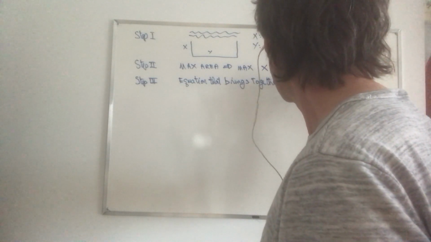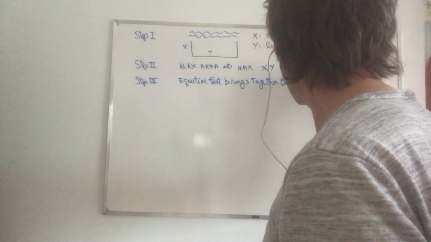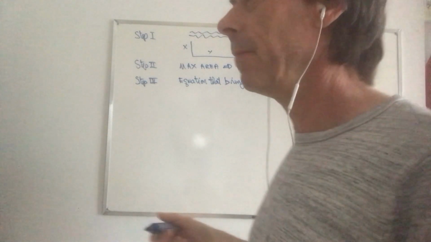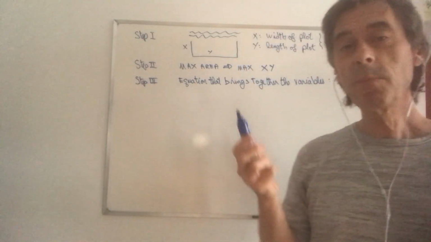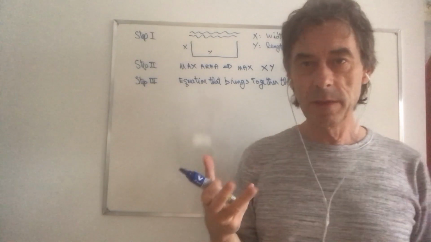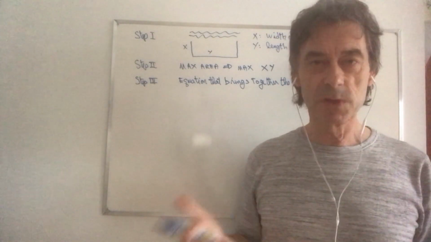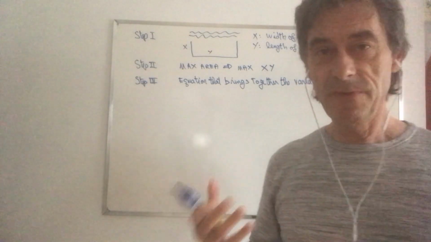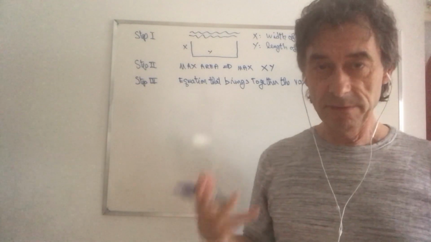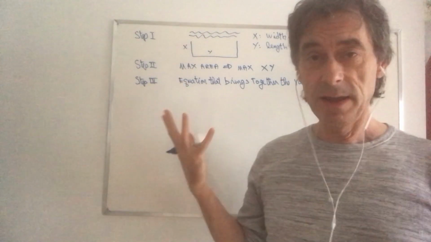A little hint, that step must include the only part of the problem we haven't used so far. The numerical element given in the problem that we haven't used is how much fence we have, right? We have 2,000 meters of fence. Haven't used that yet anywhere.